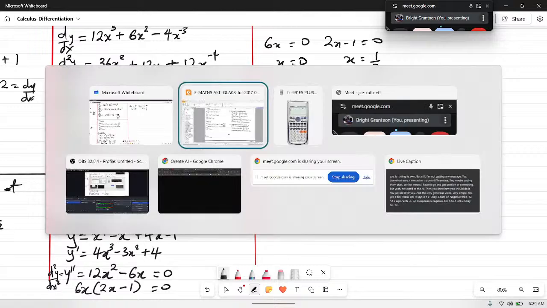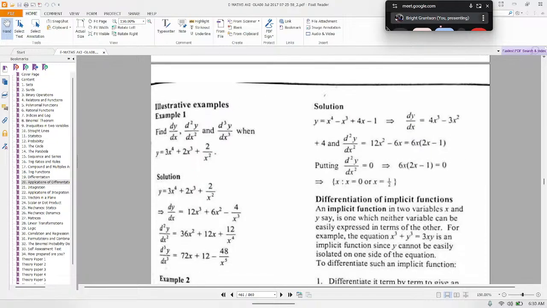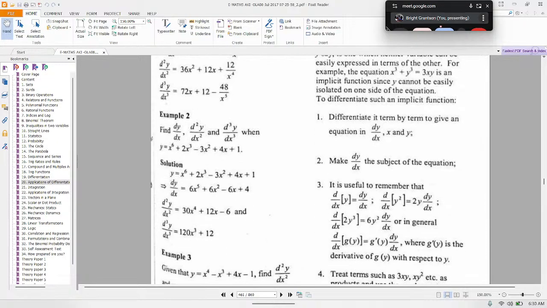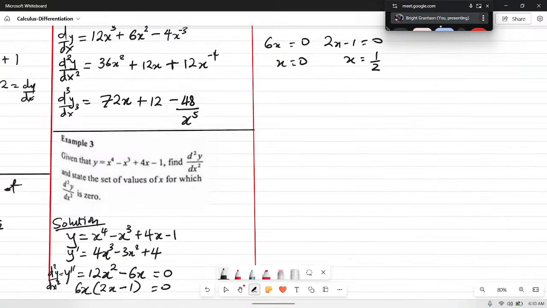So x equals 0, x equals half. This is the set of values. Whenever they say set, you use the curly bracket.